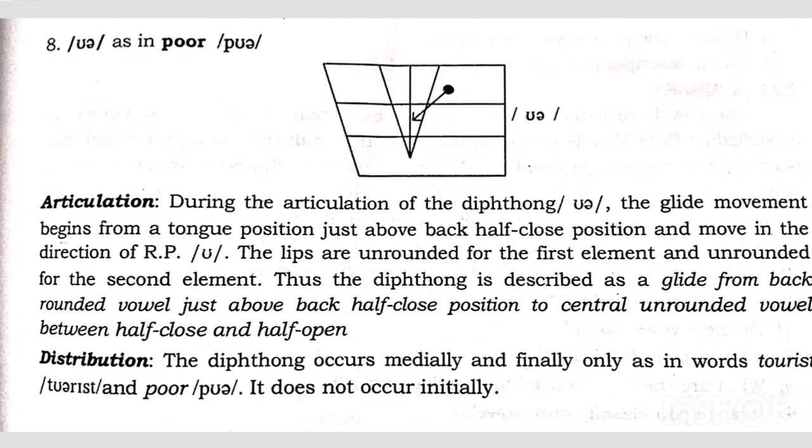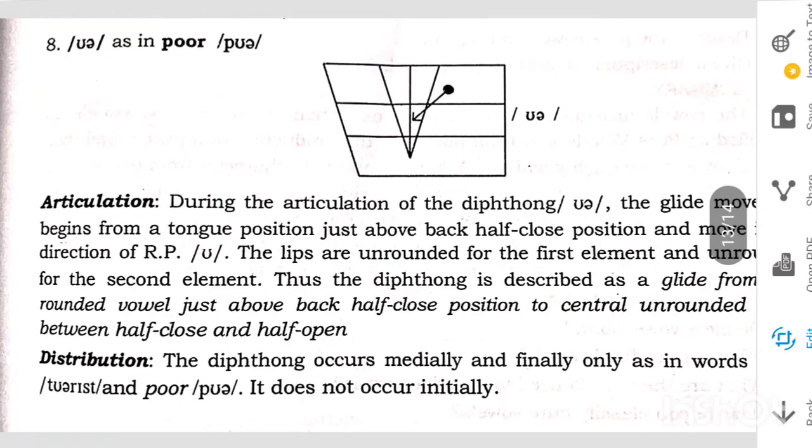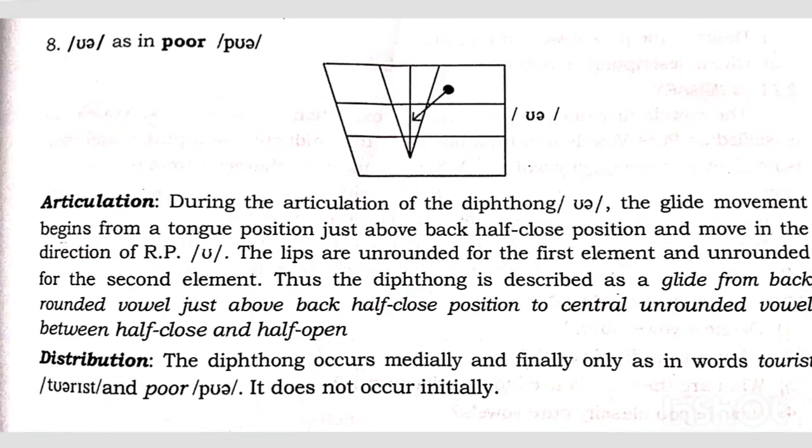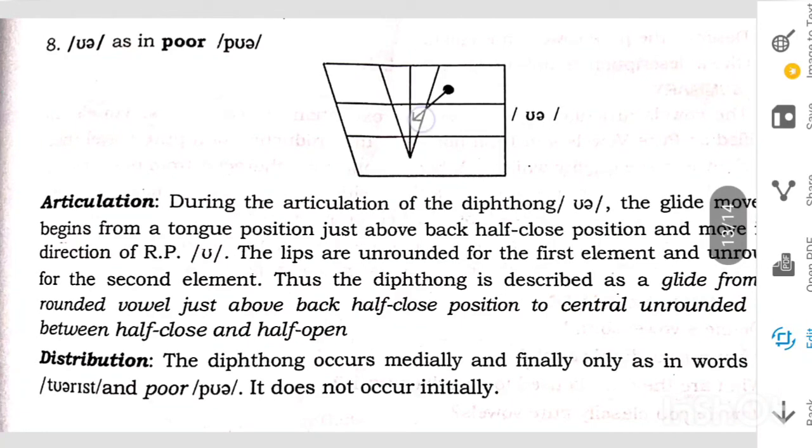During the articulation of the diphthong oor, the glide movement begins from a tongue position just above back half closed position, here, and moves in the direction of RP. Actually it should be RP, but it has been given wrongly there.